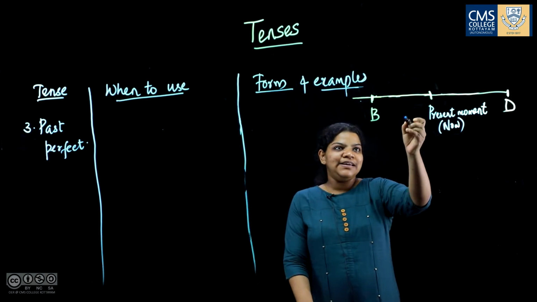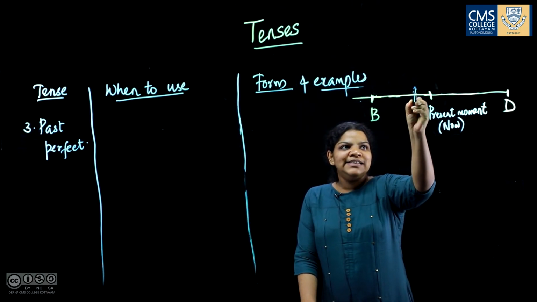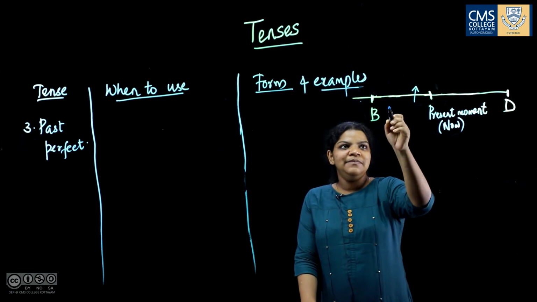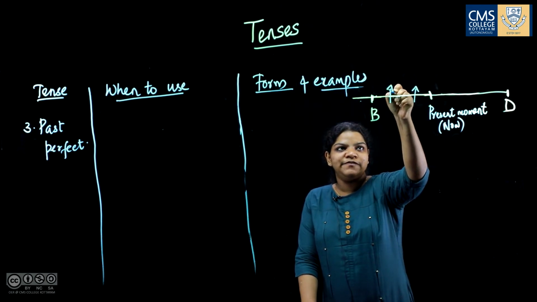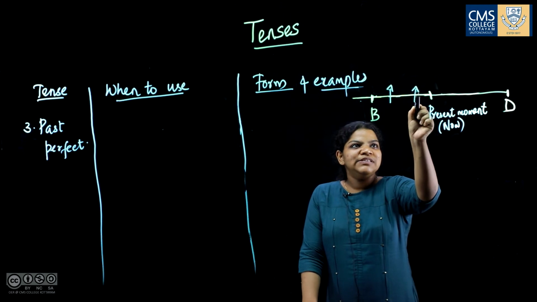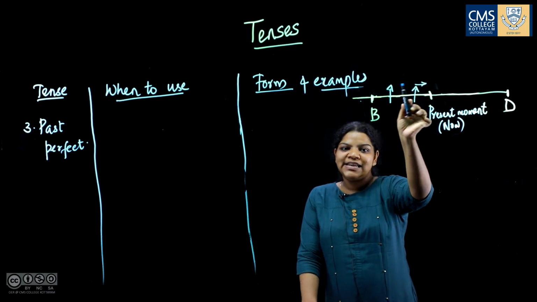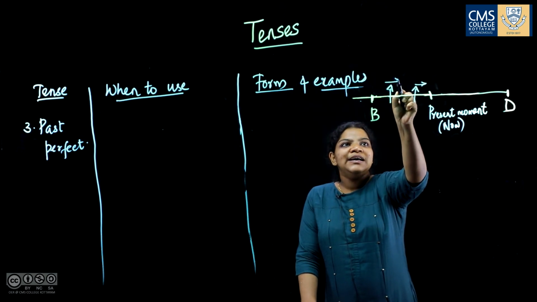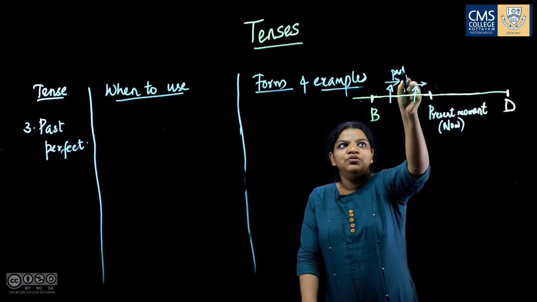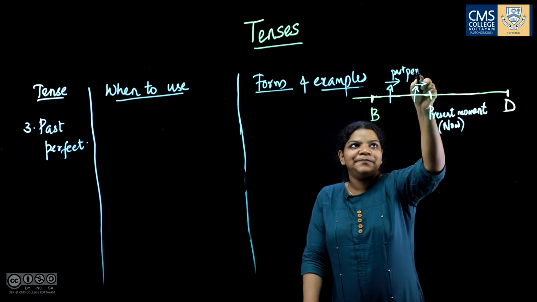Let's look at the timeline. Suppose one incident happened at this point of time, another incident happened at this point of time. You can use simple past to refer to this incident, and when these two incidents are connected, you can use past perfect to refer to the earlier incident.